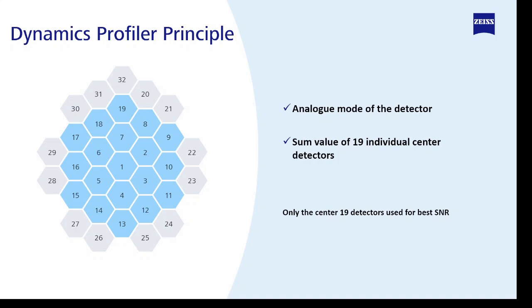Because firstly, we use the analog mode of the detector, so it capitalizes on the huge dynamic range and transfers it to the equivalent photon counting. And secondly, it uses a sum value of 19 individual center detectors. So each detector element only sees a fraction of the signal, which also increases the dynamic range.